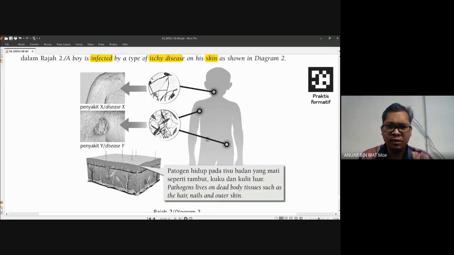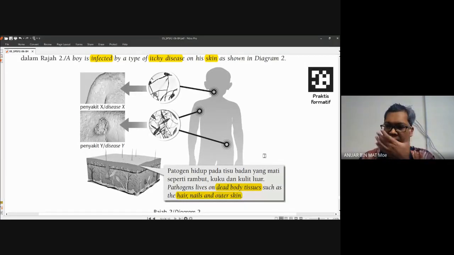So what is the information given to you? Pathogen lives on dead body tissue such as the hair, nail, and outer skin. Okay, so this is the information given to you.